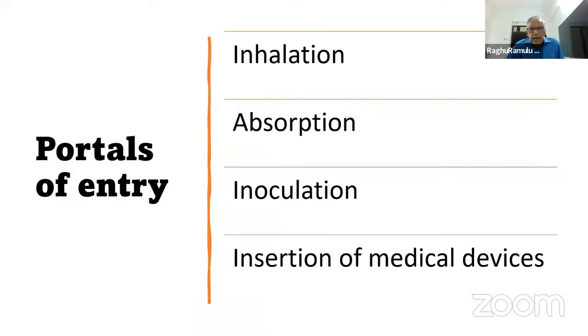I will give you some examples pertaining to the first one. The inhalation pathway is by nose. In the earlier days, they were thinking about only tuberculosis as an organism that enters through the inhalation pathway. Now we have several organisms, the recent one being coronavirus also.